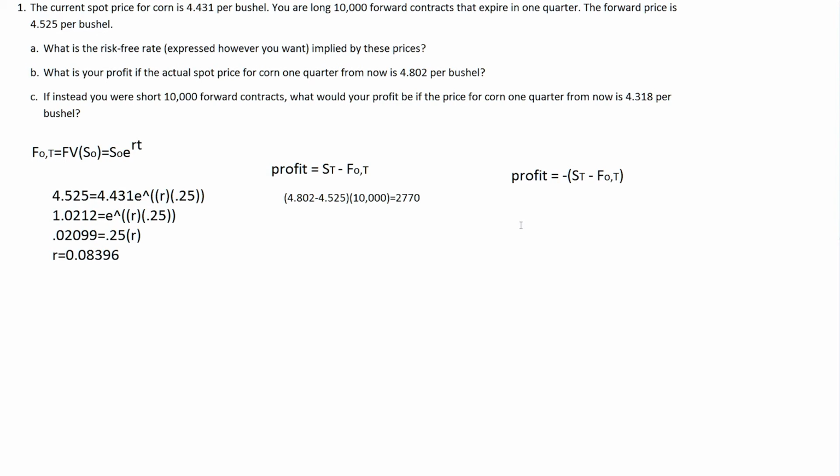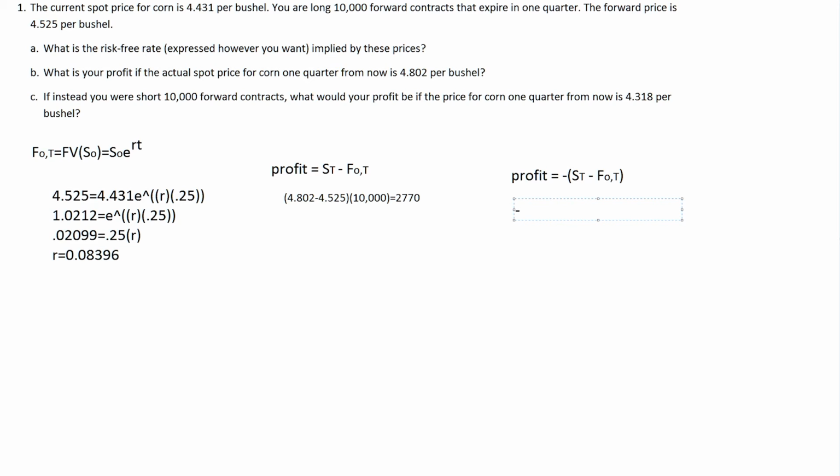Okay, so for the final part, question C, it states if instead you were short 10,000 forward contracts, what would your profit be if the price for corn in 1 quarter is now 4.318 per bushel? When we're trying to calculate the profit for a short, it's pretty simple. We'll just take our profit equation and turn it into a negative since we're short. You just reverse the signs on everything whenever you're shorting something.